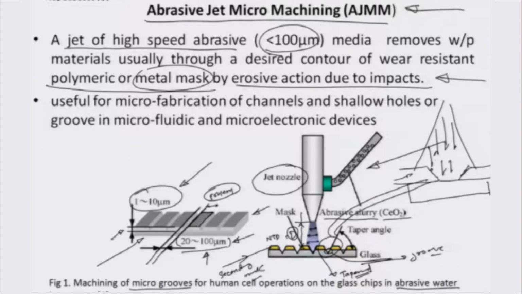Some particles would actually deflect off, and some particles which are at an angle would roll off and go in a tapered manner to produce a brittle fracture somewhere in this zone, which creates a tapered microchannel eventually.